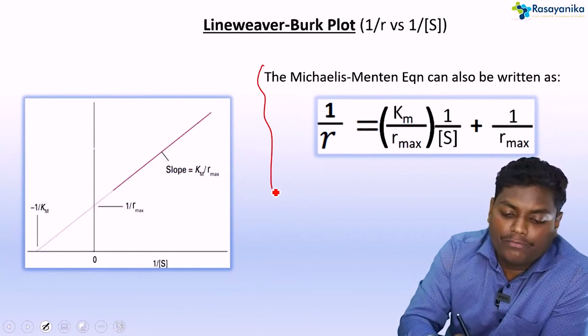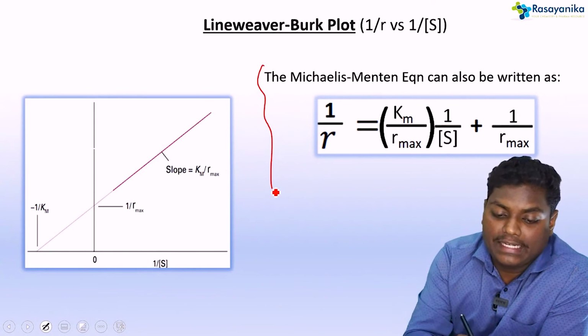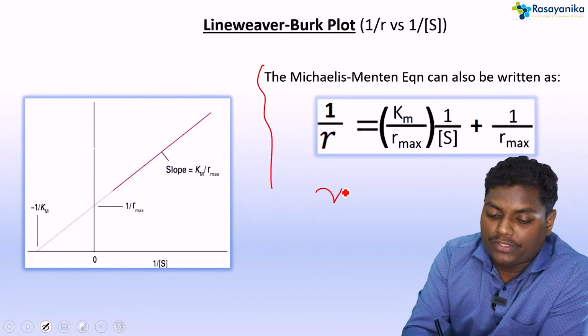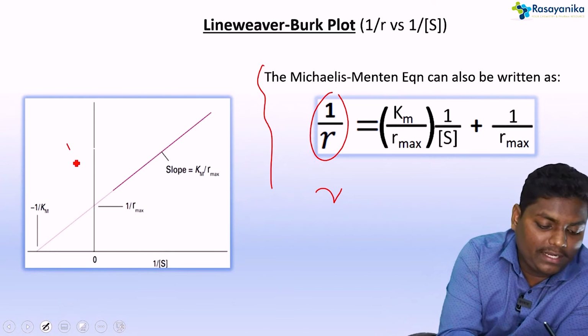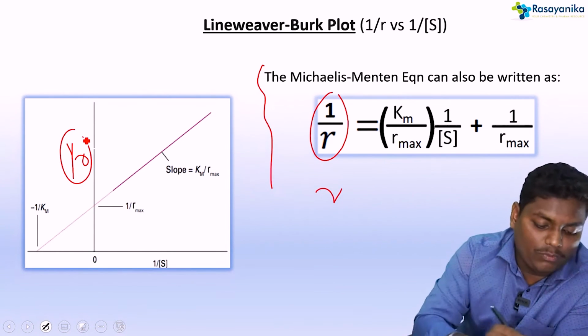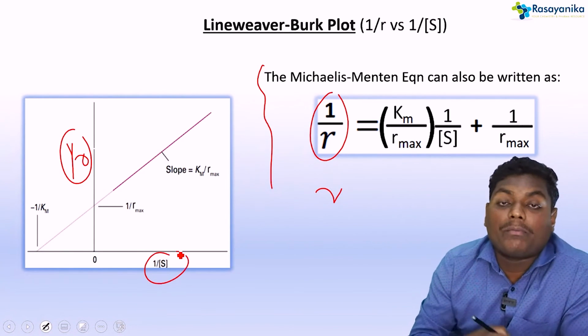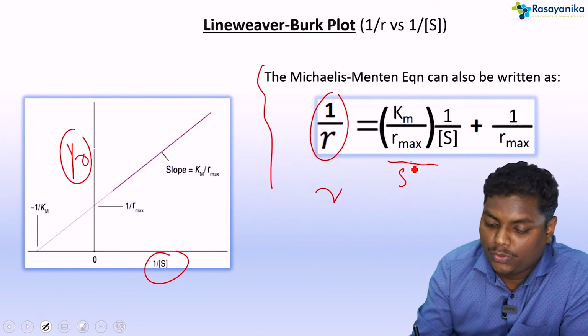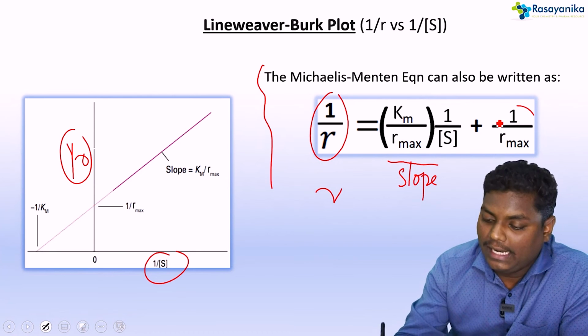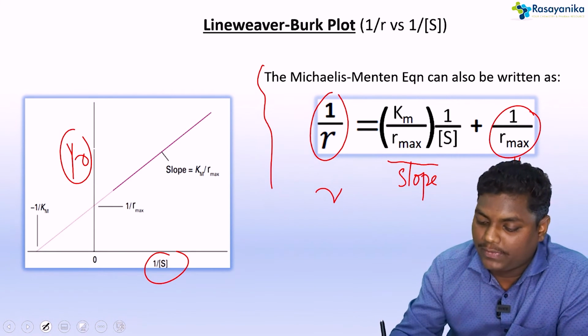Now, from the Michaelis Menten equation, we can derive the equation for the Lineweaver Burk plot, where this plot is between 1 by R on the y-axis against 1 by substrate concentration. If we plot this, this is our slope and this is our y-intercept.